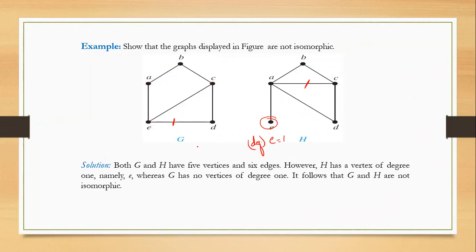But there is no vertex for which the degree is 1 in the graph G. So in this case, we can clearly say that it follows that G and H are not isomorphic. Okay. So this is an example for not isomorphic graph.